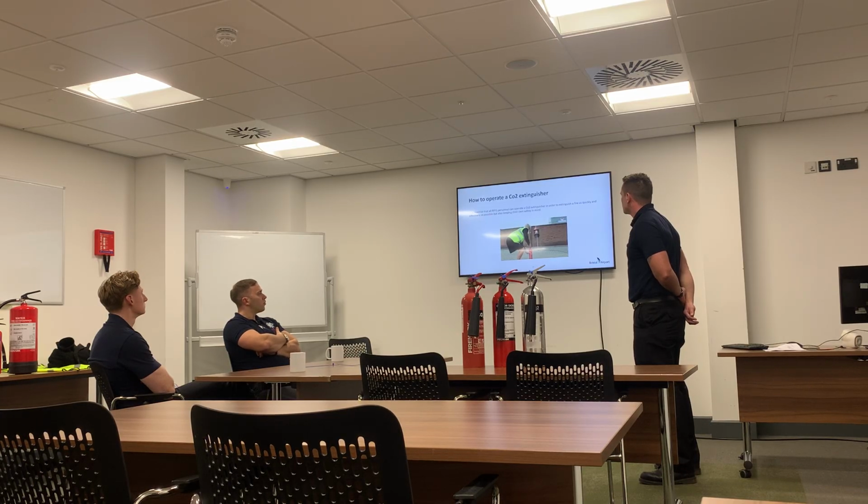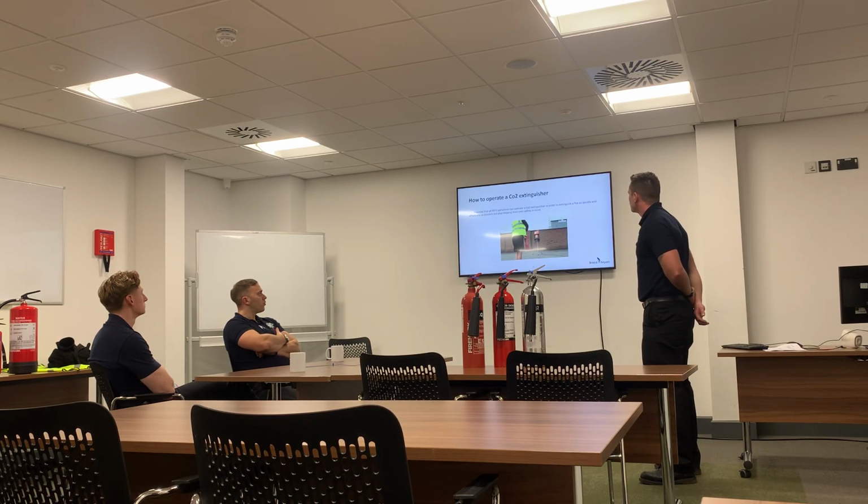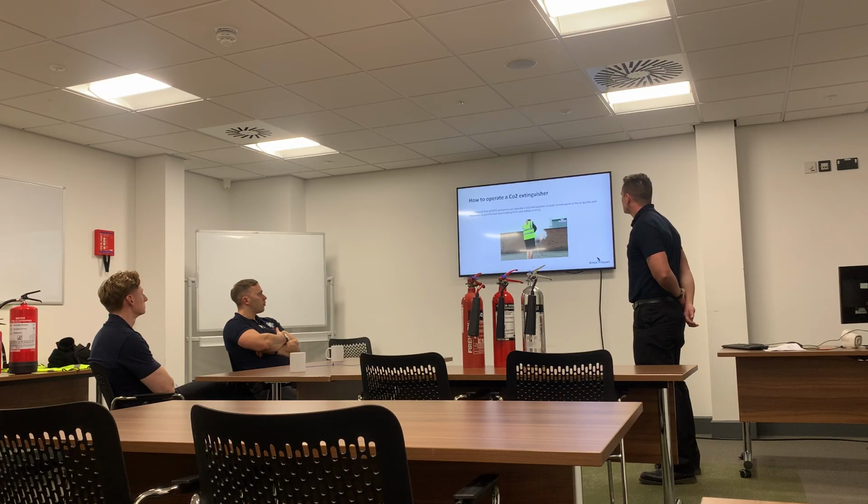Pull out the safety pin. Hold the handle and the body of the extinguisher. Test the extinguisher to check if it works. Point the horn at the base of the flames, and whilst discharging the extinguisher, walk toward the flames in order to put them out. When the flames are out, walk back away from the fire while still discharging the extinguisher.